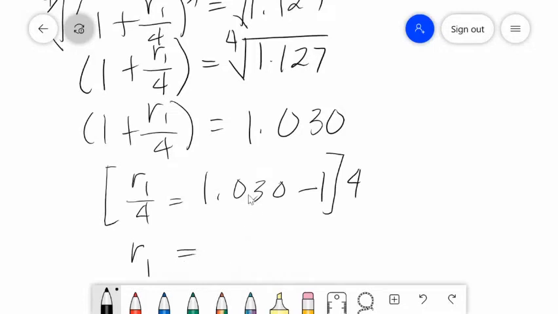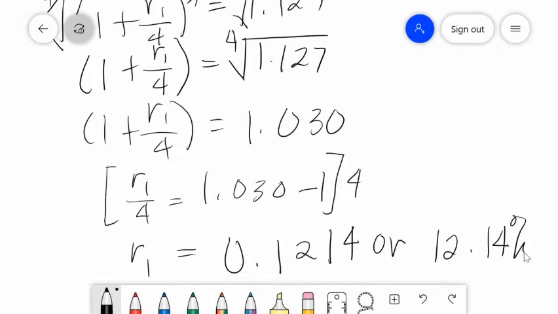R1 now will become 1.030 minus 1, so that is 0.030 multiplied by 4. So R1 will become 0.1214 or 12.14% compounded quarterly.